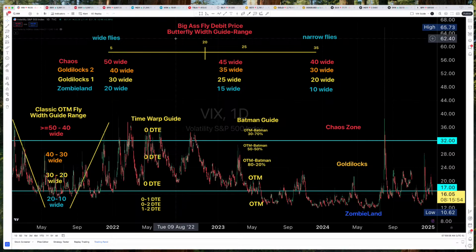Based on the cost of that position, we can then determine whether we should be going narrower or wider in our volatility regime assessment. All right, so we can see that we're in the 10 to 20 wide range. We'll take a look at what the price of the big ass fly is right now.